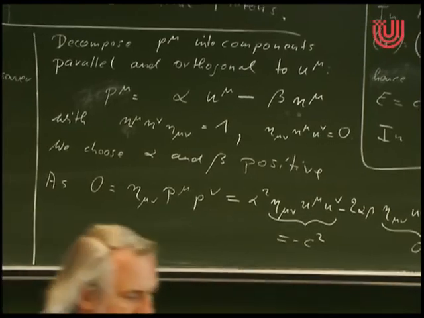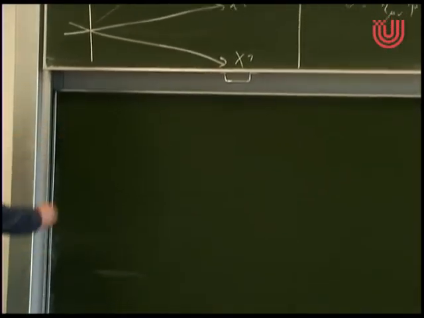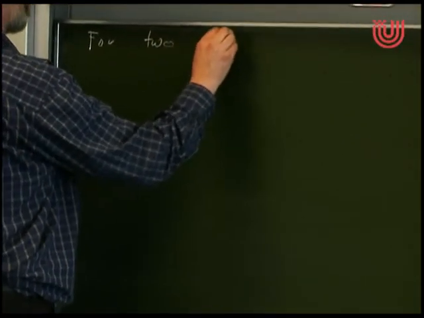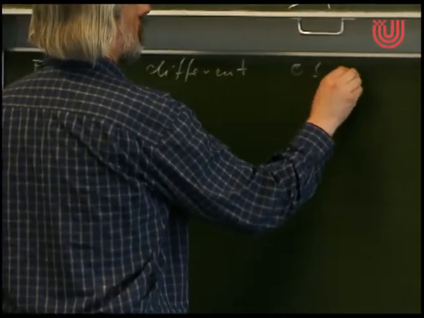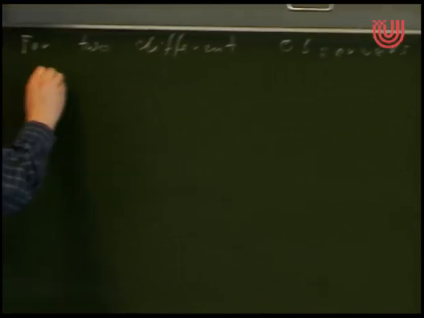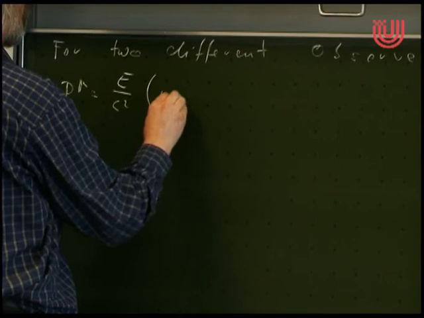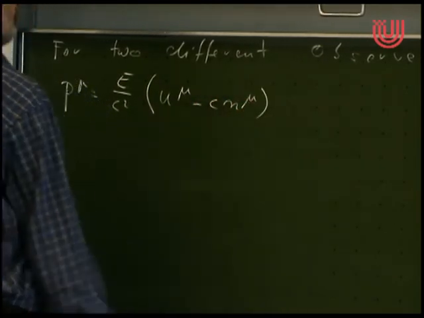So I write this decomposition now 2 times for 2 different observers. We get p^μ = E/c² u^μ − c n^μ.